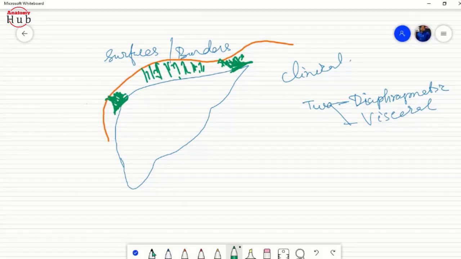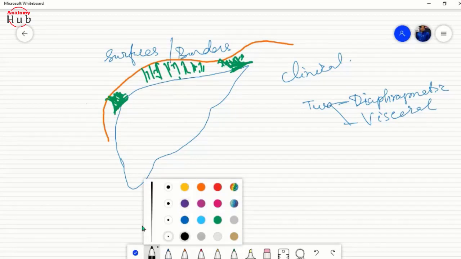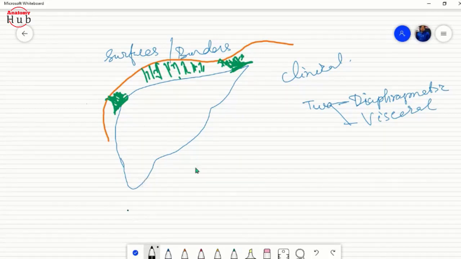So how are they forming? See, as you know about the peritoneum, the parietal peritoneum ascends upward and goes towards the liver. It covers the anterior surface of the liver, then the superior surface of the liver, and at this point it makes the reflection towards the diaphragm, right?